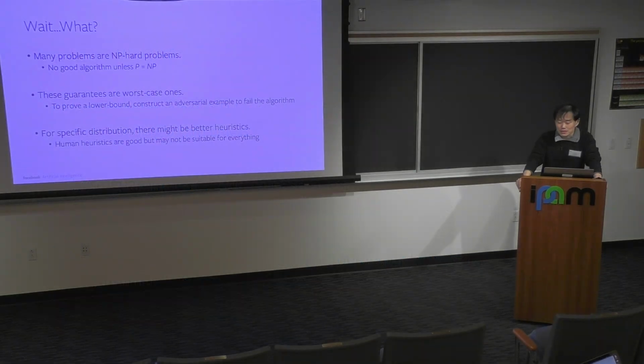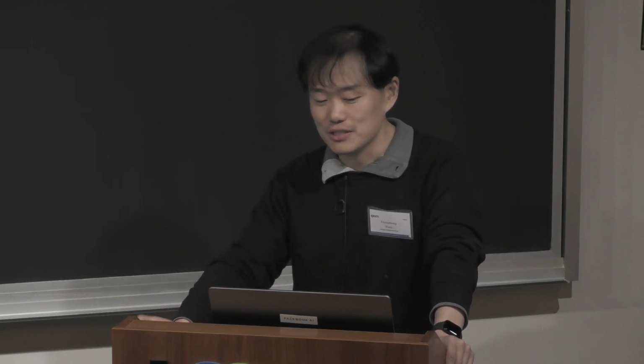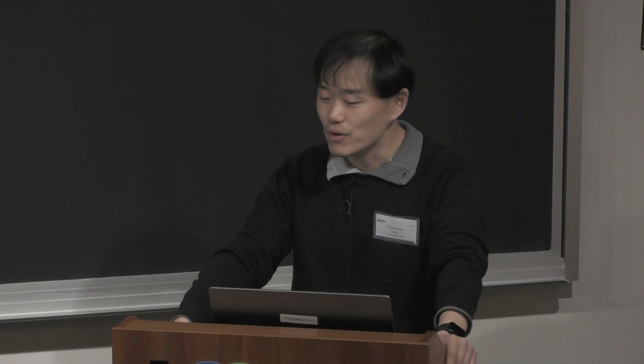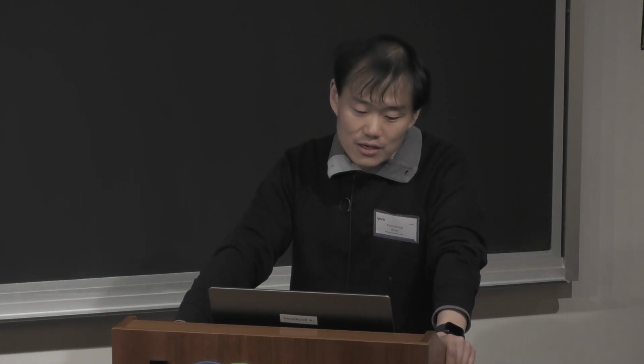I think one theoretical argument is that these are worst case guarantees, which means that in order to prove a lower bound, you construct some very specific adversarial examples, so that some specific algorithm will fail on those specific problems, and you can prove that for this family of problems there's no way you can find solutions in polynomial time, right?